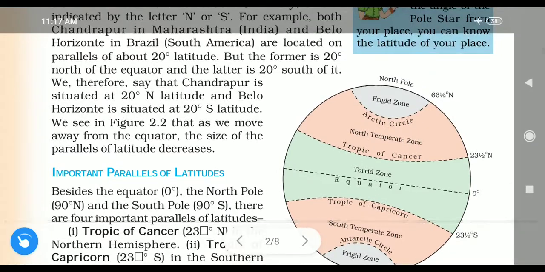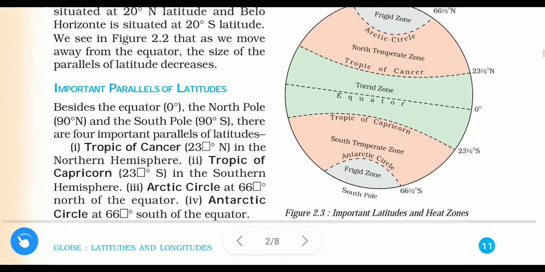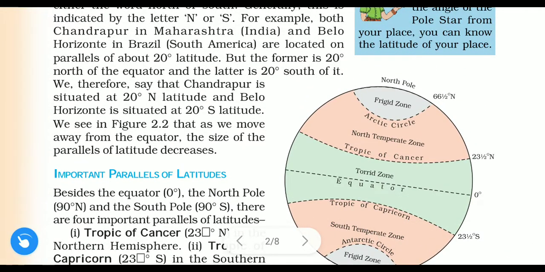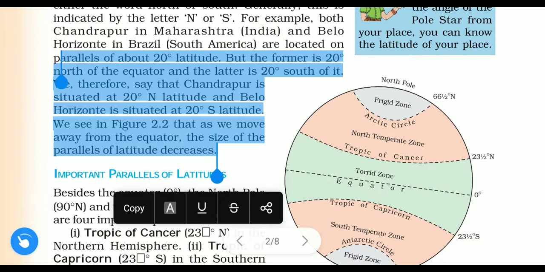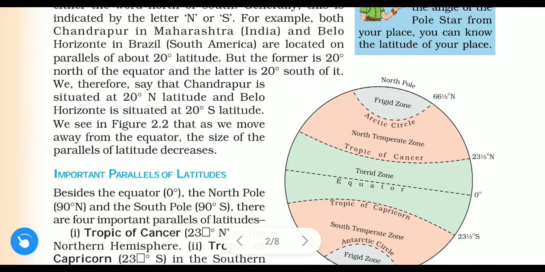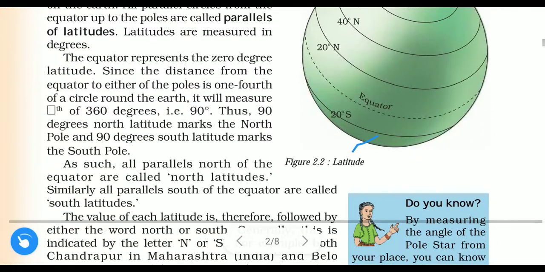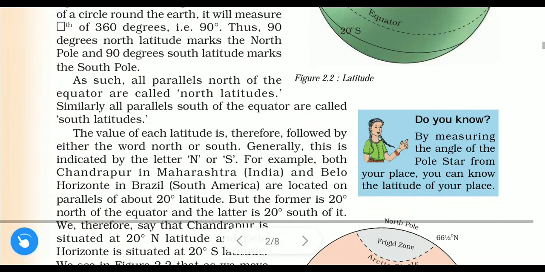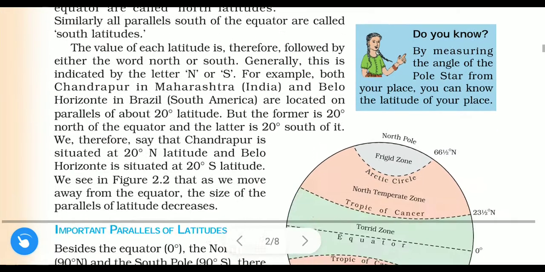So now let us discuss further. Here it is given that on both sides of the equator, at 20 degrees north of the equator and at 20 degrees south of the equator, we will discuss which places are located there.